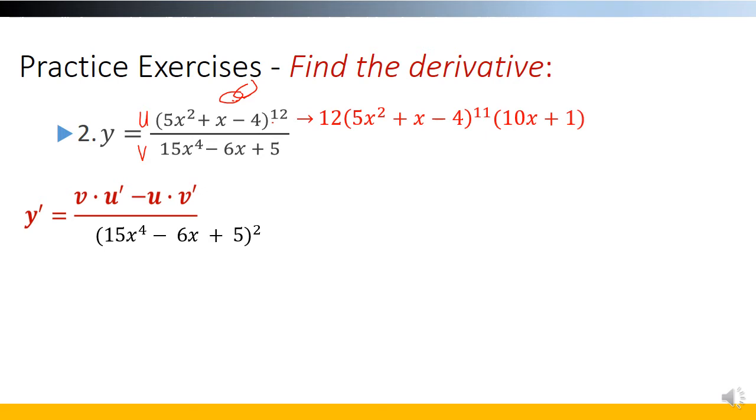So, sabi ni chain rule, baba si exponent, copy the base raised to exponent minus 1, and then differentiate this, you have 10x plus 1. Ito yun. Okay? Now, for the derivative of our denominator, we'll have 15 times 4. That will be 60x cubed minus, for this part, you just pick up the 6.